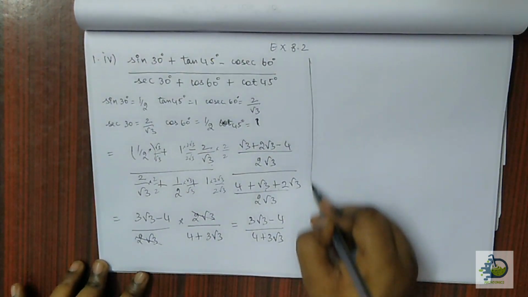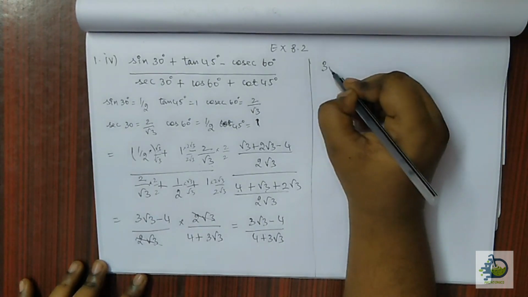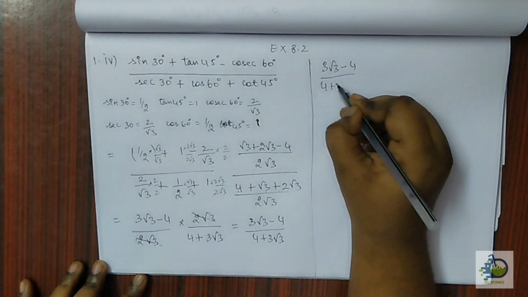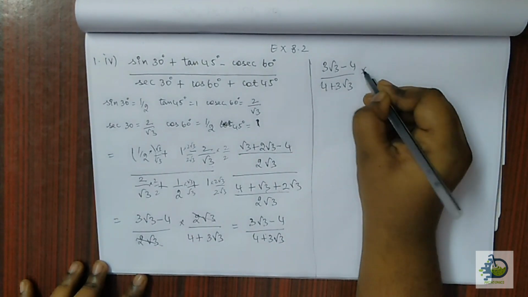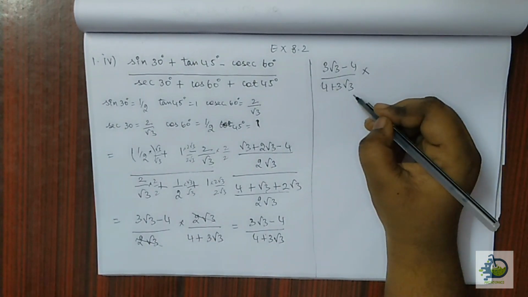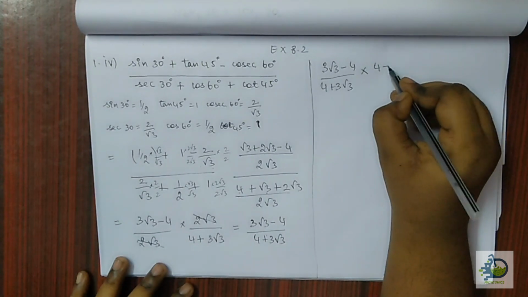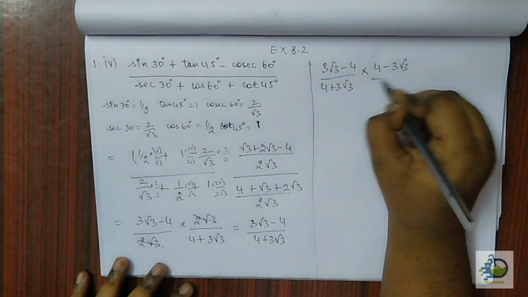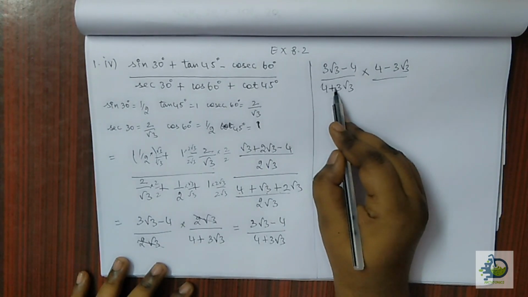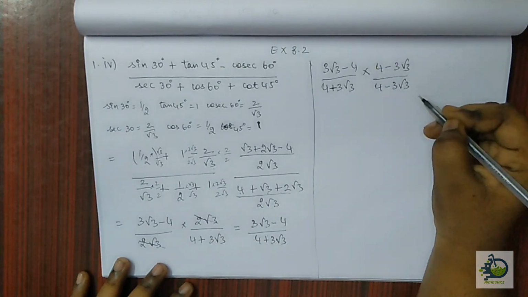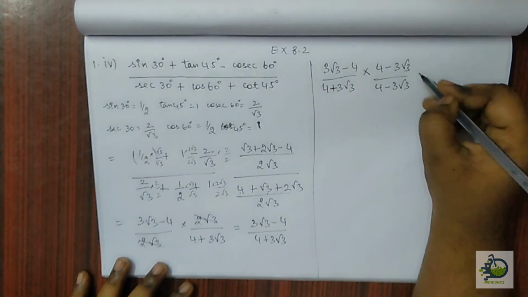Let me show you here. 3 root 3 minus 4 by 4 plus 3 root 3. We are going to multiply and divide by 4 minus 3 root 3. So we are going to just change the sign and multiply and divide it. This is what we call as conjugate.